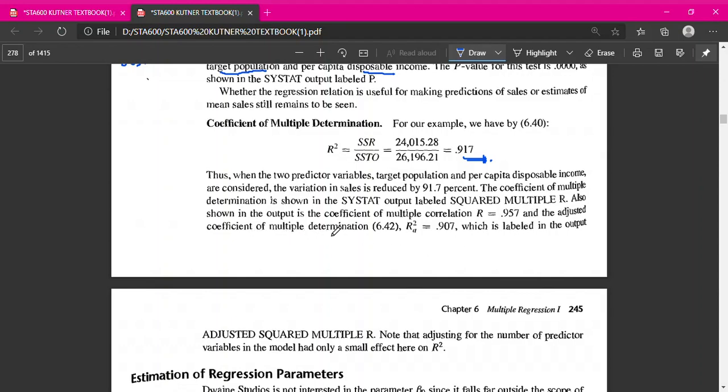Also, the value of R square adjusted will be 0.907, which is label in the output. So, kalau nanti kita tengok output SAS dan juga output SPSS, you akan dapat value yang sama lah. Alright, so that's it.